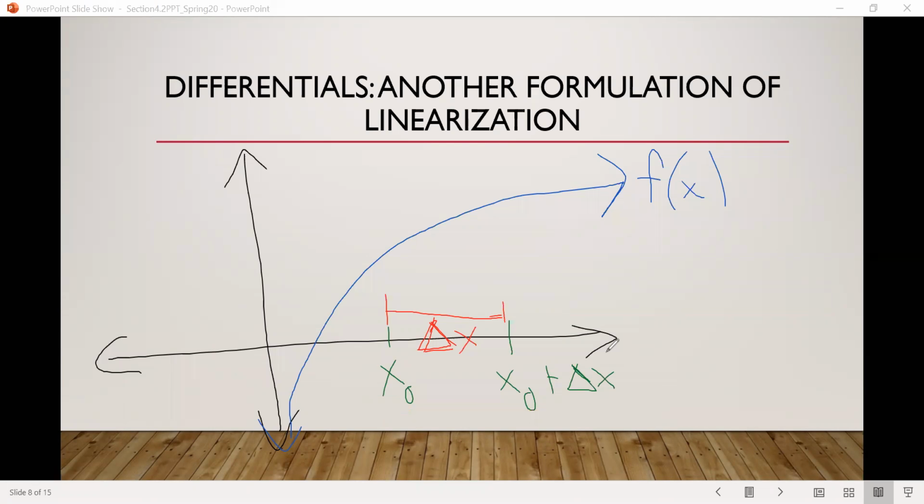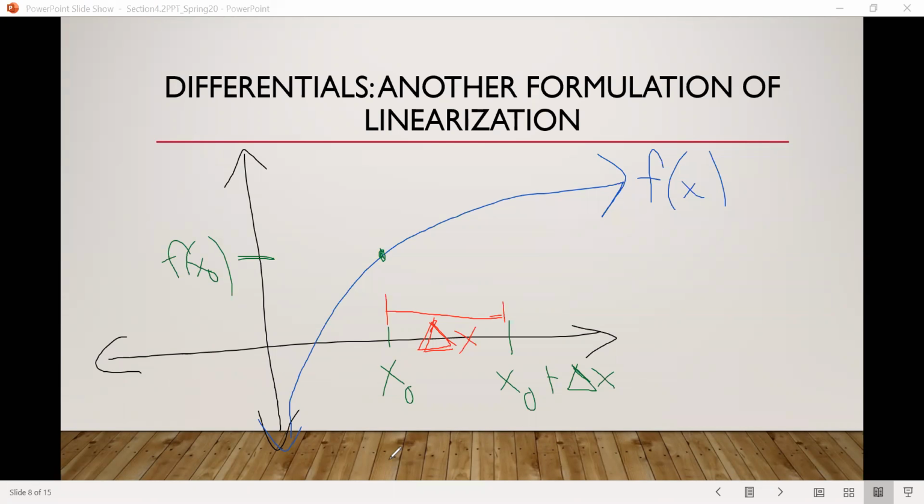And then I'm going to look at the output values of each of these. So for x sub naught, we see that the output value would be somewhere up here. Let me try to draw that better. So that'd be here. And on the axis over here, let's call this f of x sub naught.